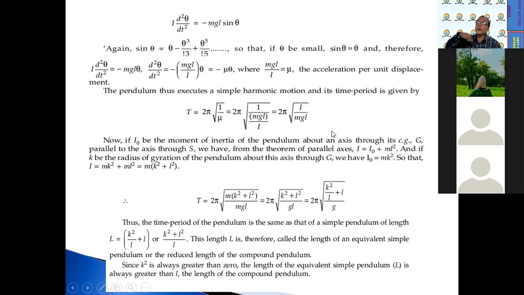When a body is rotating, any body is there and it is rotating. Now I will try to show here. Suppose any body is there, it is of this type, isn't it? Now this body is rotating about this axis. Can you see my figure which I am drawing?